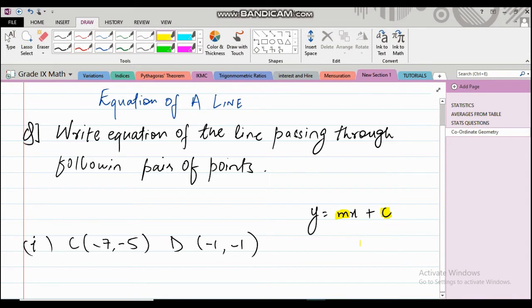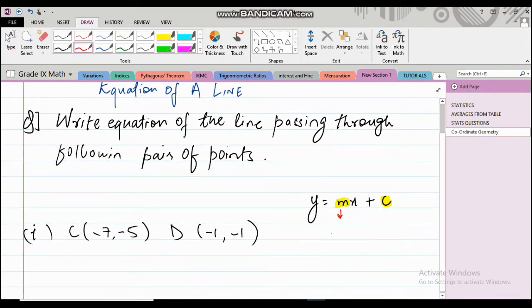So let's see. First of all, we'll be needing m. What is m? M is your gradient, and the formula for that is y2 minus y1 upon x2 minus x1. The first point gives you x1, y1, and the second point gives you x2, y2.